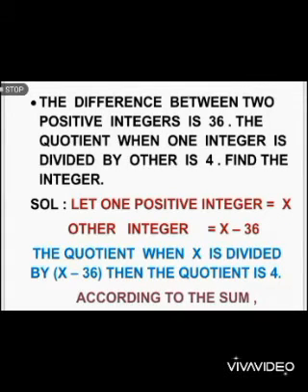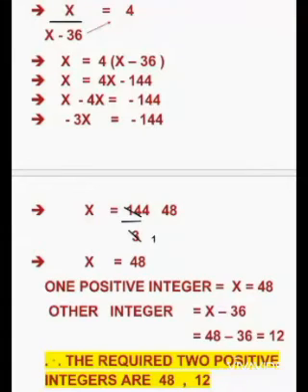So let us write it in equation form: x by x minus 36 is equal to 4. Now let us cross multiply x minus 36 into 4. So you will get x is equal to 4 into x minus 36.